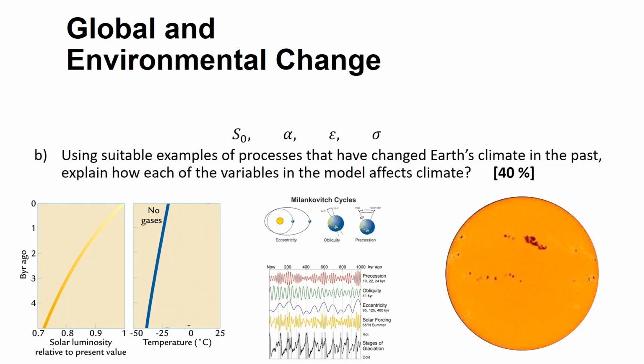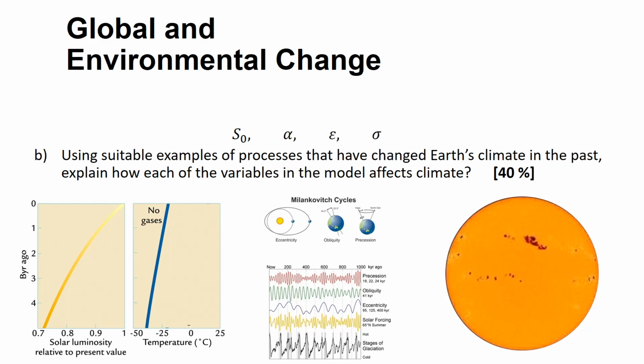Other examples are changing the distance between the Earth and the Sun, the so-called Milankovitch orbital variability. Now we'll see why this is maybe not such a great example, but nonetheless it will have an effect on the temperature. When we are closer to the Sun, the solar flux will be greater, and that should indicate a period of warming.